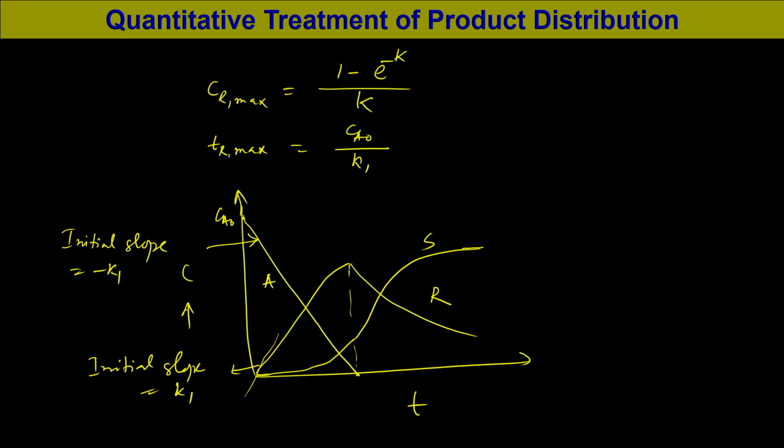This is CR max and this would be T R max. So, this is how the concentration profile of different components in a series reaction can change for different orders of the reaction. So, thank you very much for attending this lecture, and we will continue our discussion on reactor design in the next lecture.